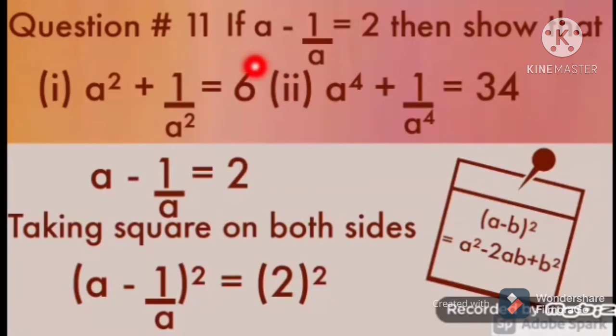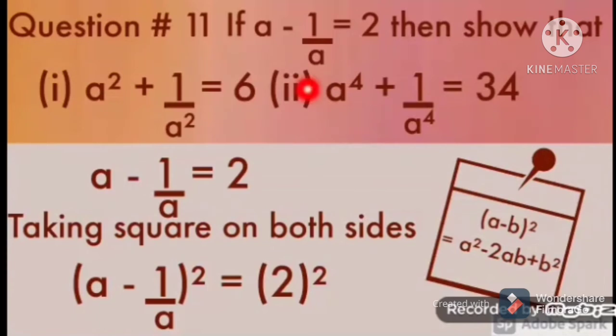The statement of this question is, if a minus 1 by a is equal to 2, then show that a square plus 1 by a square is equal to 6 and a4 plus 1 by a4 is equal to 34. This is the same question as question number 5, in which we found the values of a square plus b square and a4 plus b4.